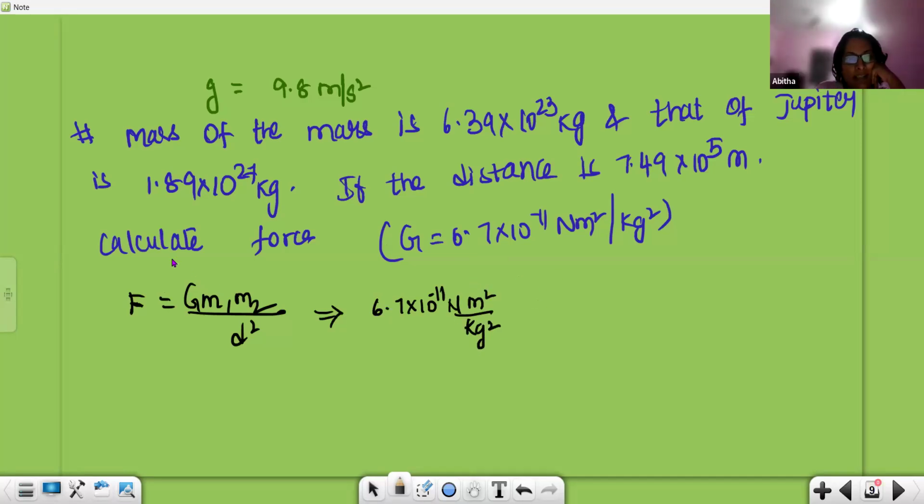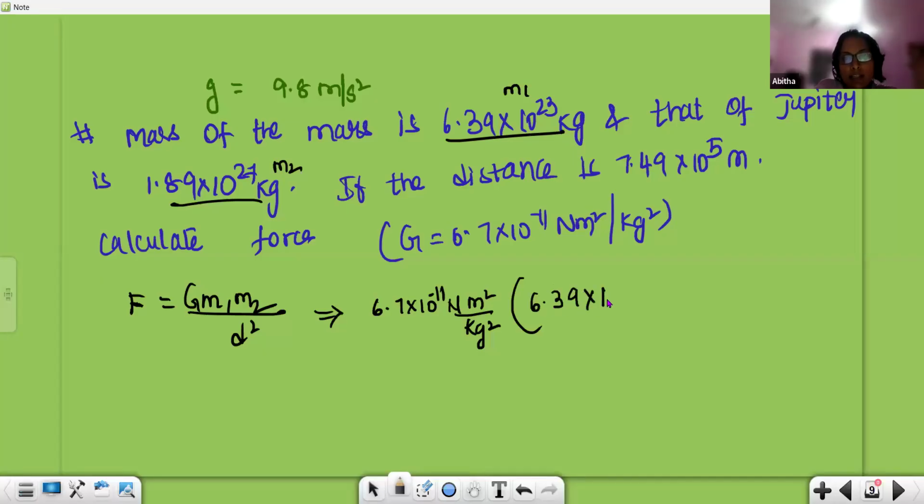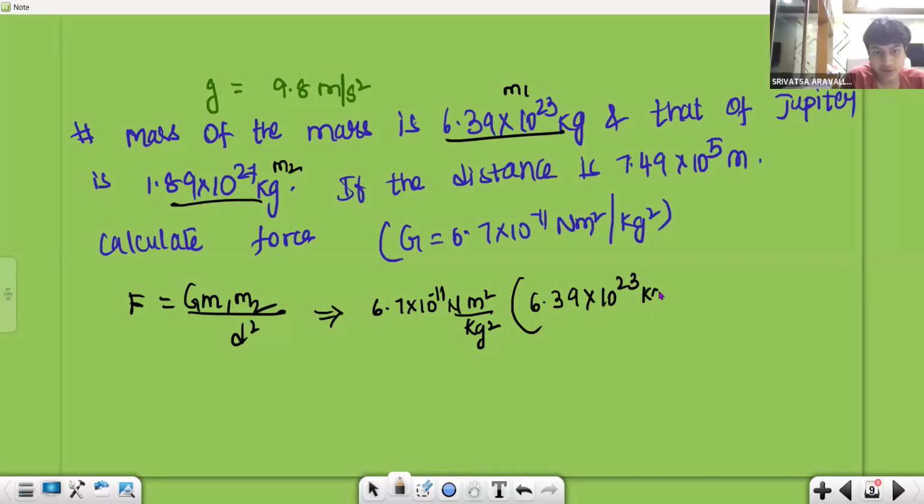Next, what is the mass value? Two masses are there and two masses are given. One you need to consider as m1 and another as m2. Because there are two masses, both the masses you need to use here, which is a product.